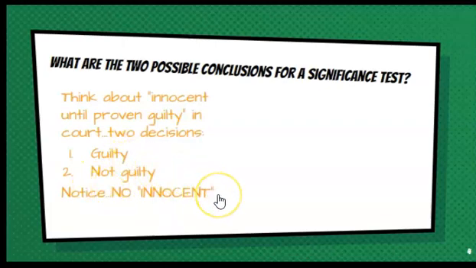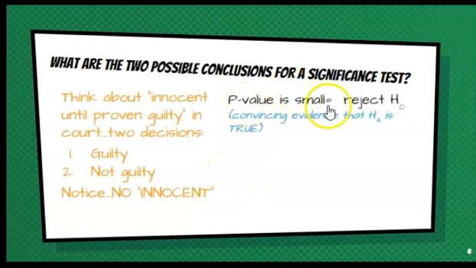Okay, so in stats terms, if the p-value is small, we will reject the null. We will reject the guilty, so that we find convincing evidence that the alternative is true. That's what it means if the probability we calculate is small.